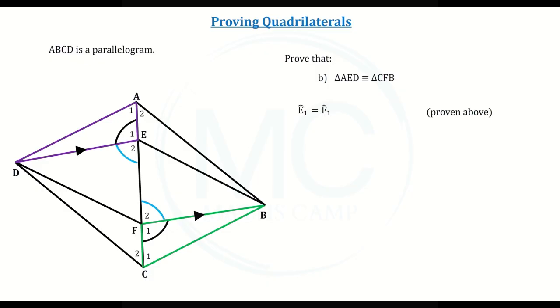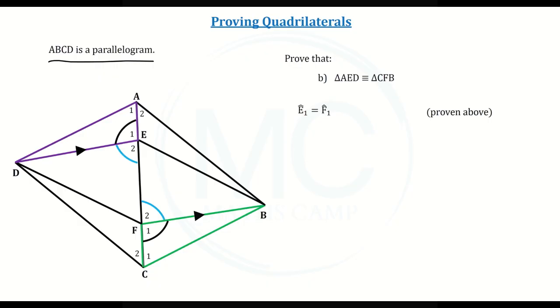We don't have enough information about angle D and angle B. So let's look at corresponding sides. We know from the question that ABCD is a parallelogram. And we know that in a parallelogram, both pairs of opposite sides are equal.